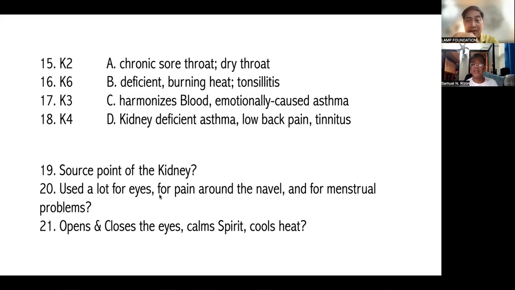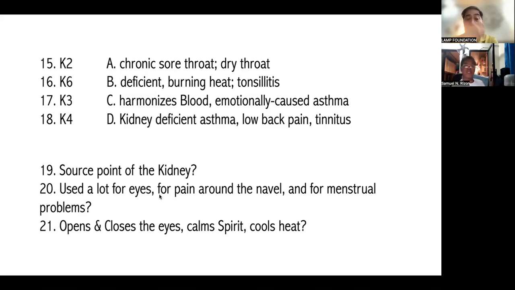And some types of asthma are characterized by difficulty in inhaling. Di ba? You try doing it. So what should be your answer? Kidney deficient asthma yan siya. Talagang may tinnitus pa, low back pain. Okay, very good.